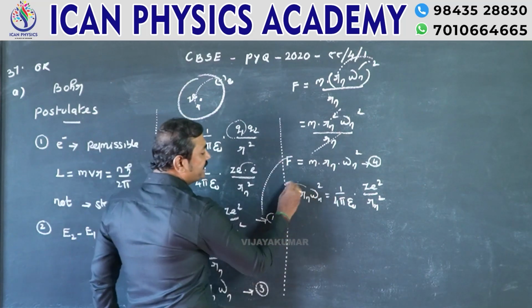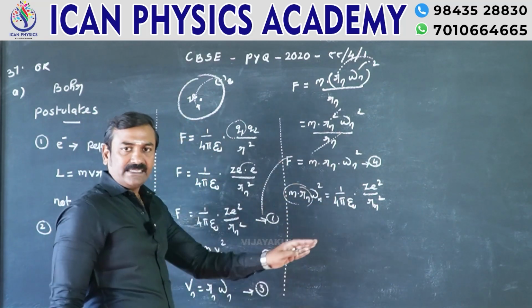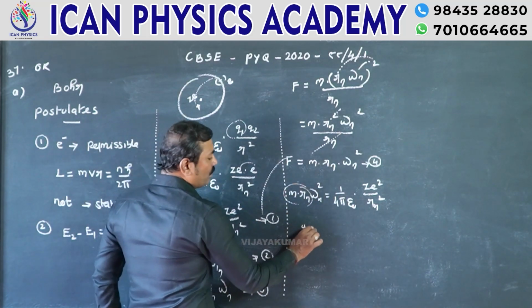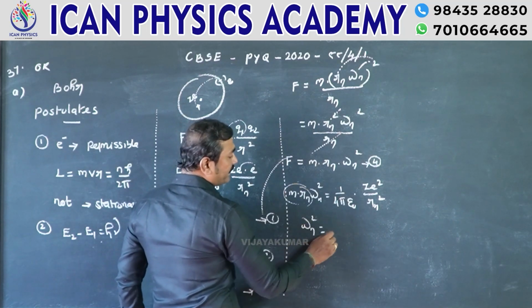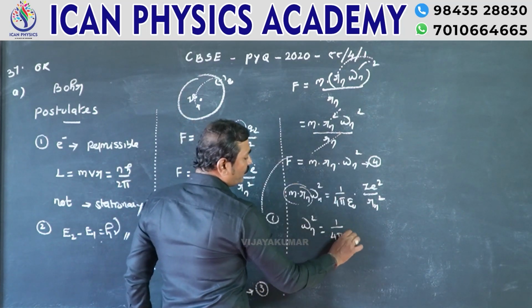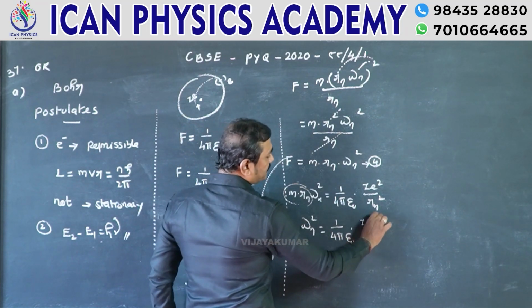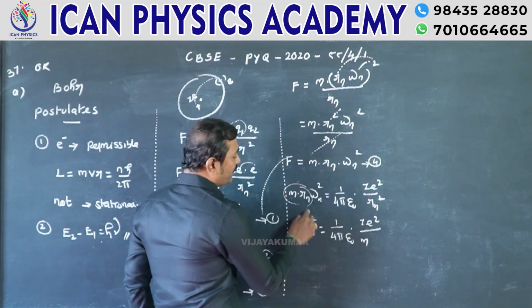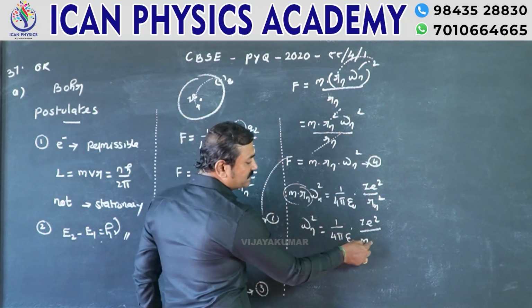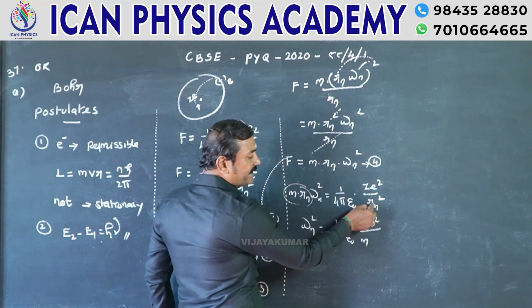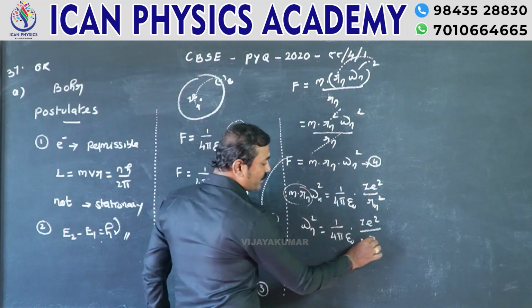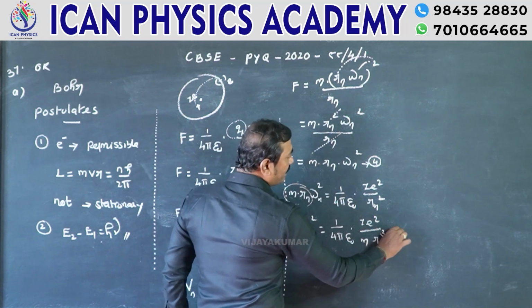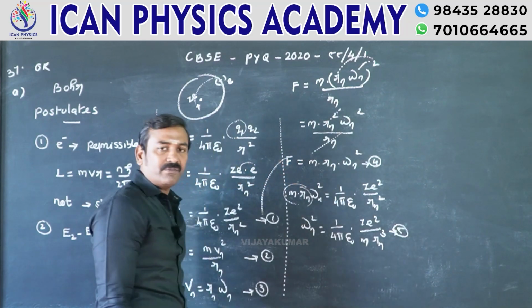Now the multiplication m Rn goes to right side as division. So omega n squared equal to 1 by 4 pi epsilon 0 Z e squared. The multiplication m goes to this side as division. The multiplication Rn goes to this side as division. Already in that division we are having Rn squared. So it becomes Rn cube. Now it's taken as equation number 5.